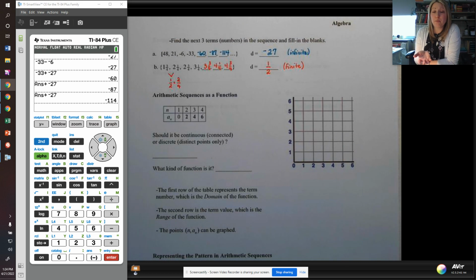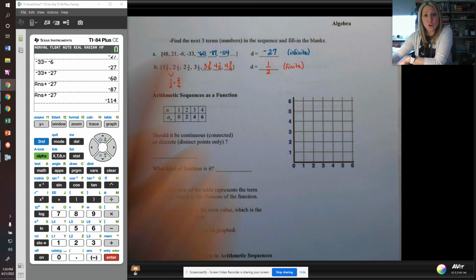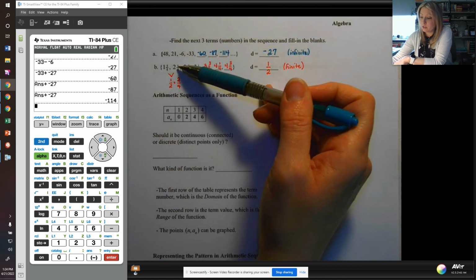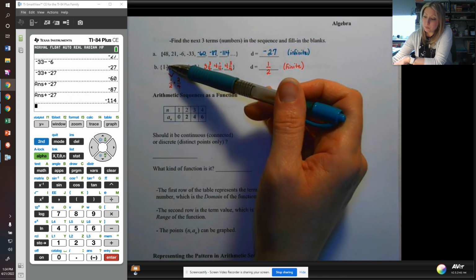So sequences are great because you're representing a pattern, right? What I recognized when I'm looking at this is that my whole number is staying the same twice in a row, but look at my fraction. My numerator in my fraction, 1/4, then 3/4. So I look backwards.